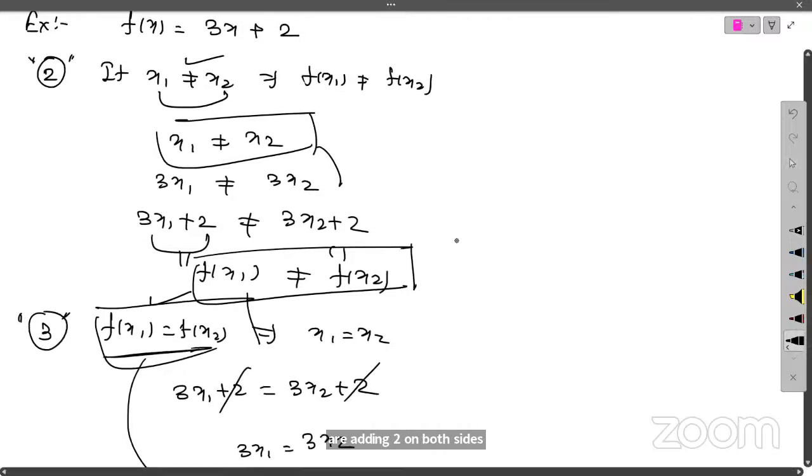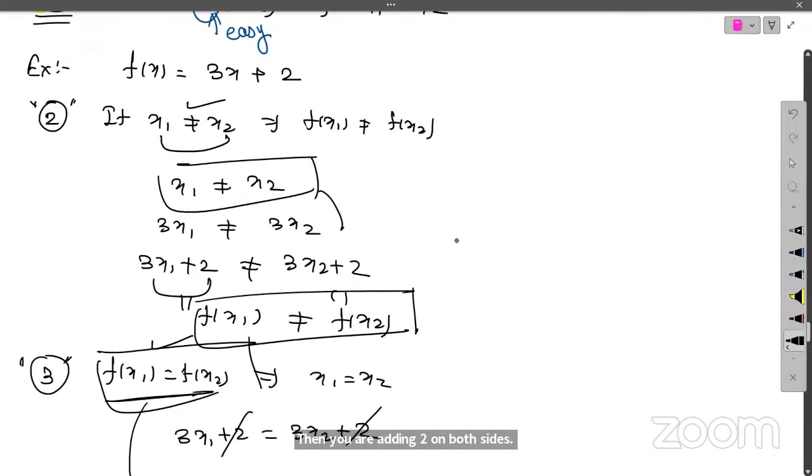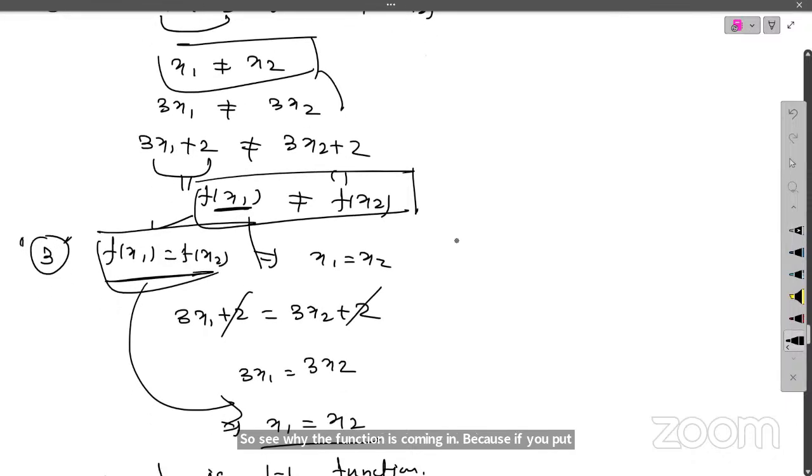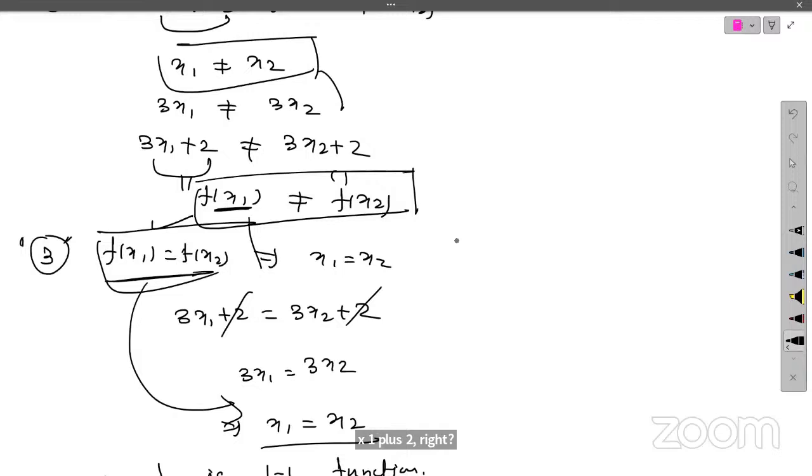Because if you put x1 here, then the value of f of x1 is nothing but 3x1 plus 2. That's why this function is coming here. The one below you are also doing the same thing. Only the symbol is changing, but both conditions prove it is a one-to-one function. Right.